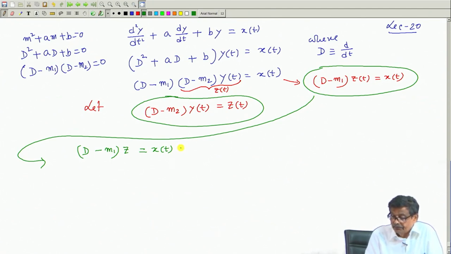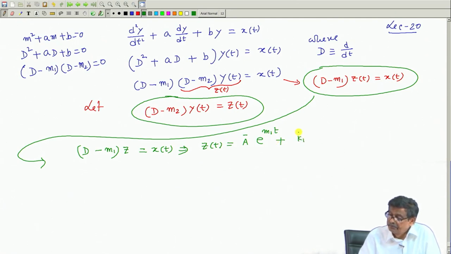So, from this differential equation, which is a first order differential equation, I know what will be the nature of the solution. z(t), the total solution, will be, the characteristic root is m1, so some a into e to the power m1 t plus k1 say constant into the forcing function x plus k2 x dot plus k3 x double dot up to infinity.